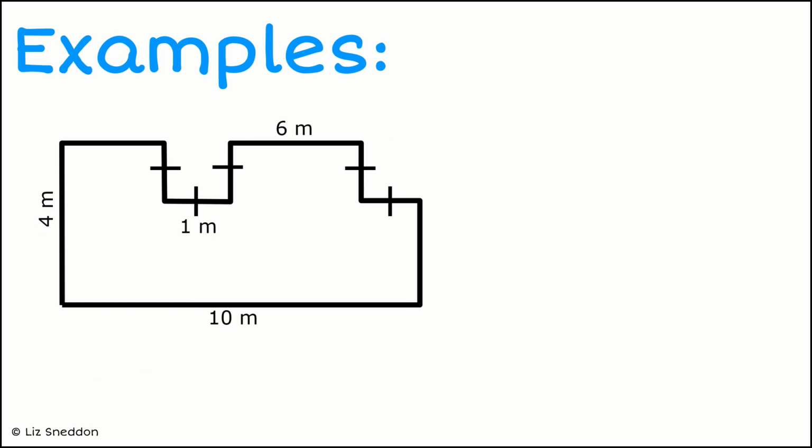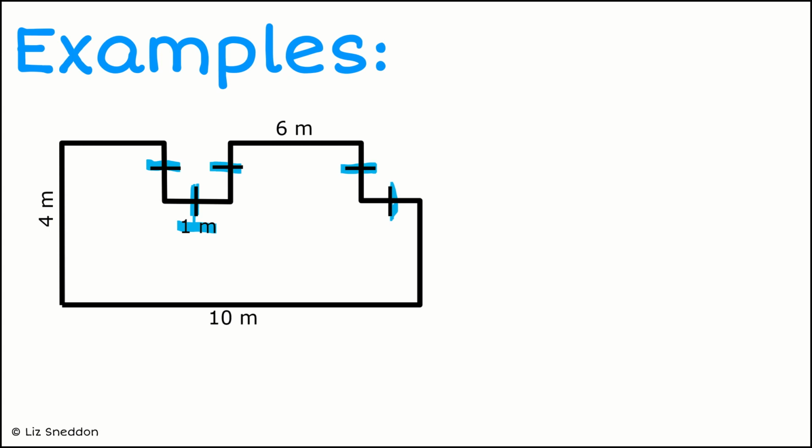If I now look at this example here, it's a little bit more complicated. The first thing I notice is I've got these lines showing on the walls, and those lines, these ones here, tell me that these sides are all the same length. So once I've worked out one of those, I know what the other sides are, and luckily I do know one of them.